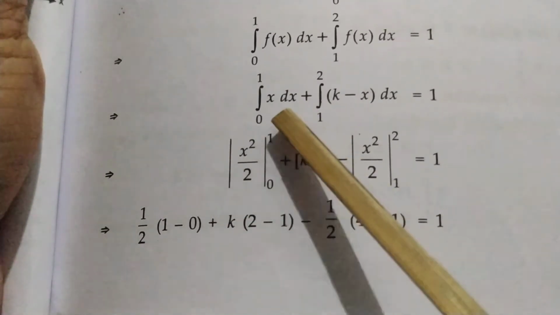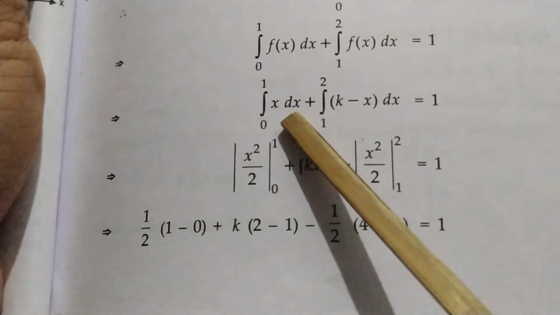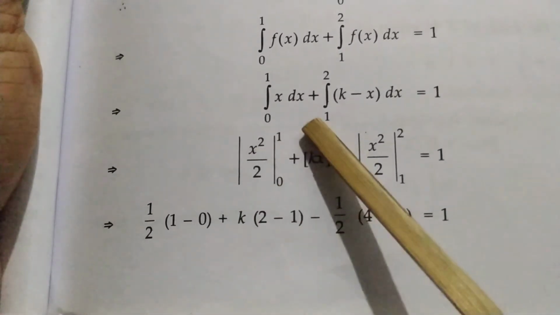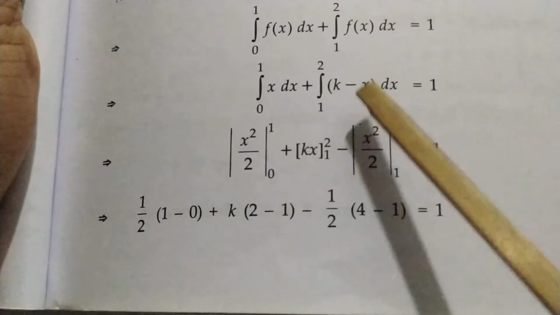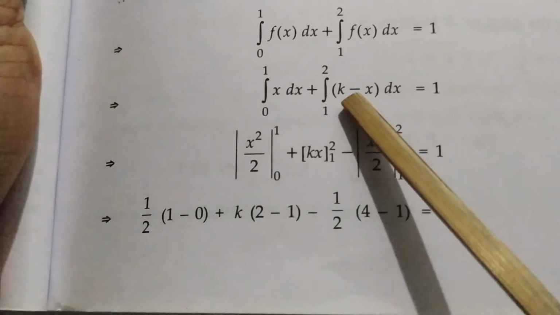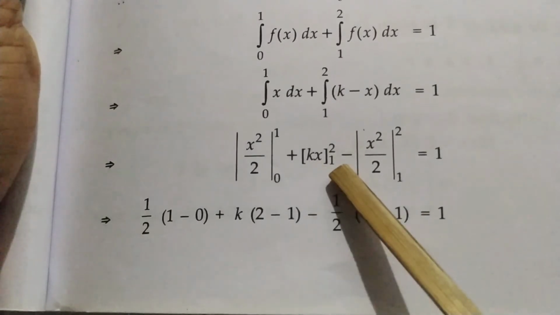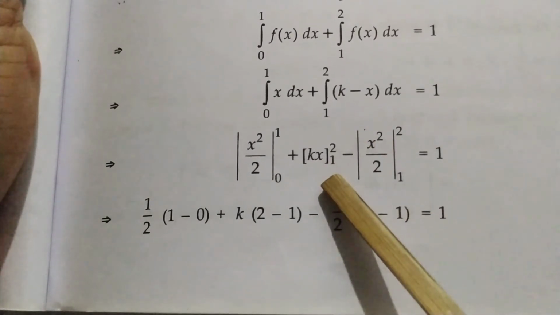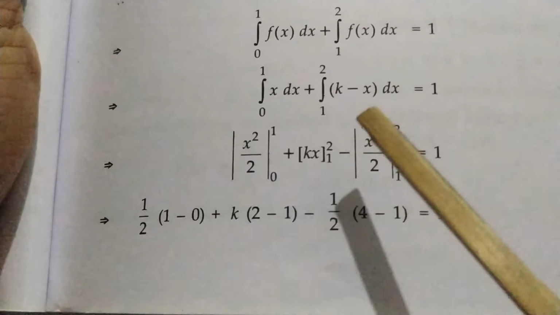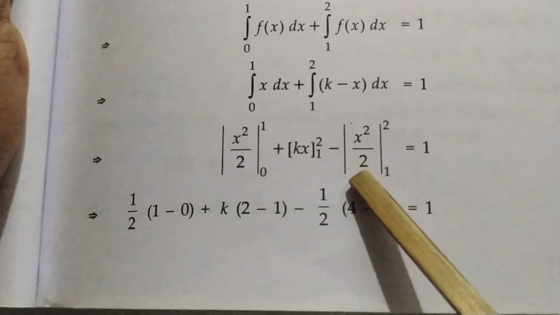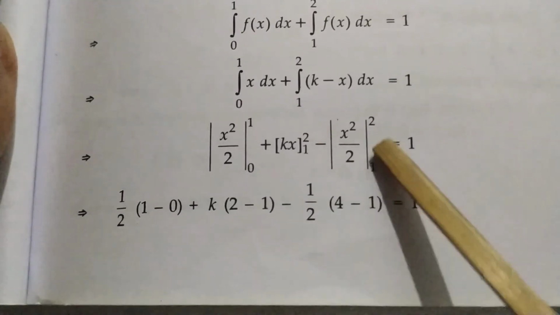So now look, if you integrate this, integration of x is x square by 2, with the limits we write here. Second, integration of this part: k is a constant, so with the constant, x will come, so kx with limits 1 to 2, then minus the integration of this part, x square by 2, and then the limits.